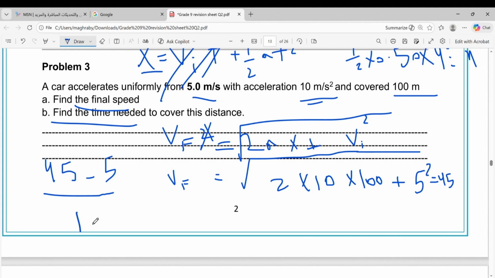So 40 over 10 is equal to 4. And this is the time needed, so 4 seconds. This is the time and this is the v final.